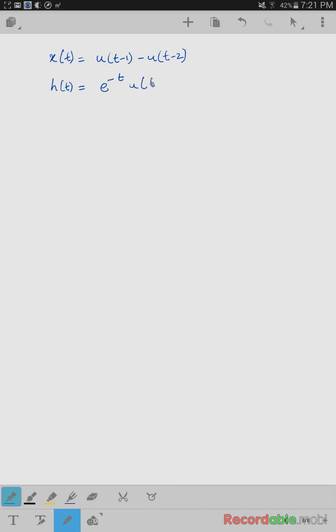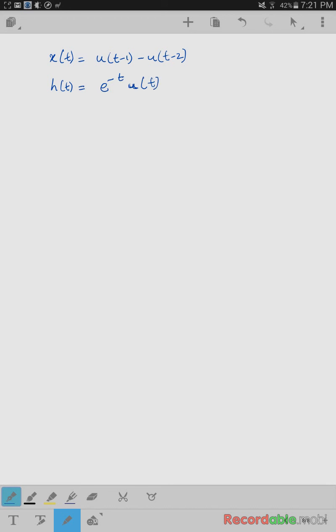So let's consider an example. x(t) is equal to u(t minus 1) minus u(t minus 2). My impulse response for the system is given by e to the power minus t times u(t).